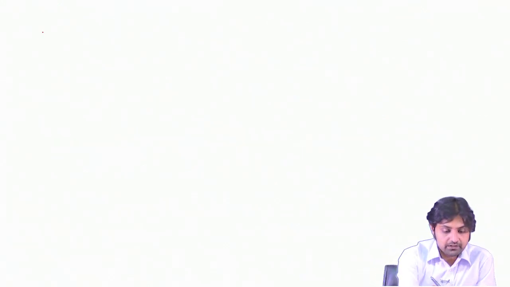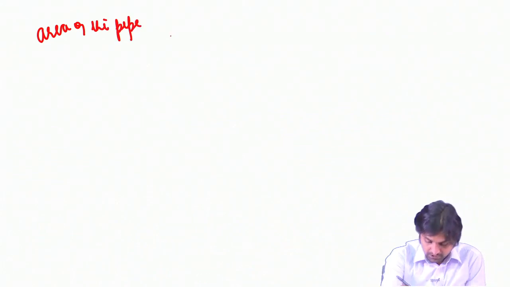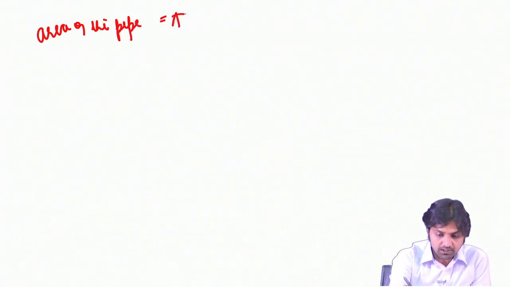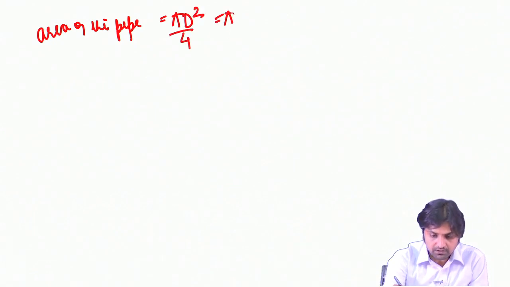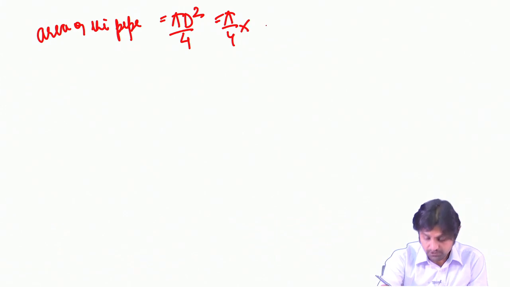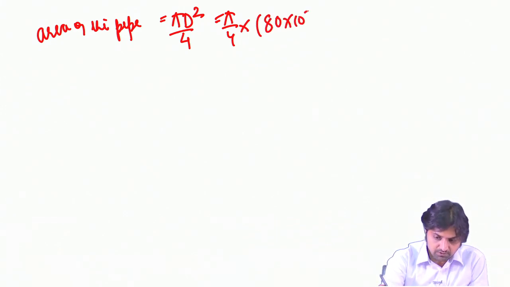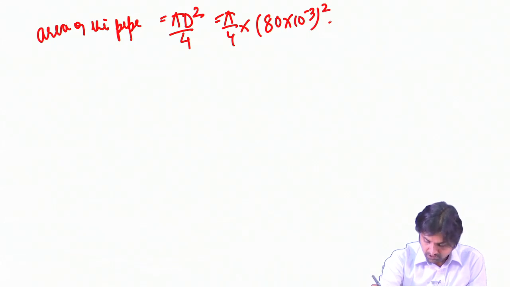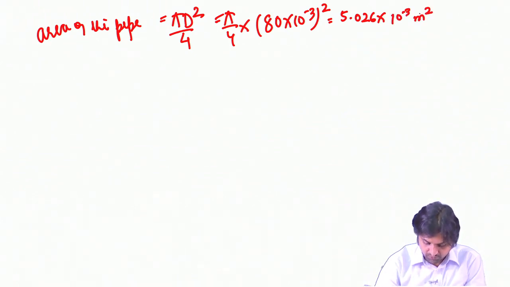Now, calculate the area of the pipe. Area of the pipe is pi d square by 4, that is pi by 4 into the diameter, 80 into 10 to the power minus 3, squared, and this gives us 5.026 into 10 to the power minus 3 meter square.